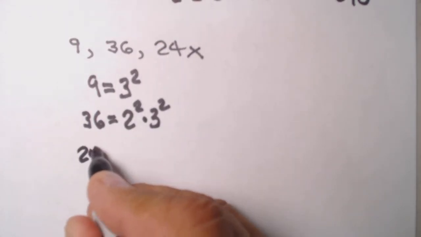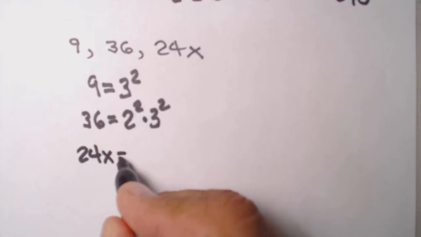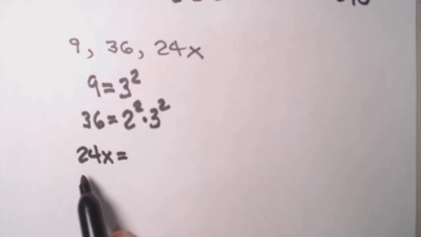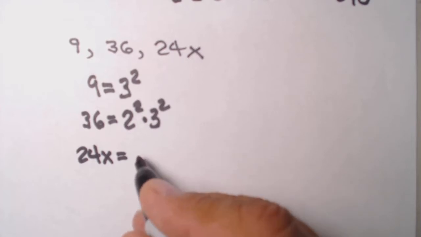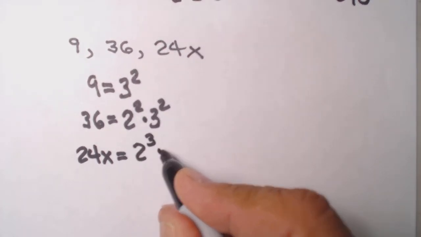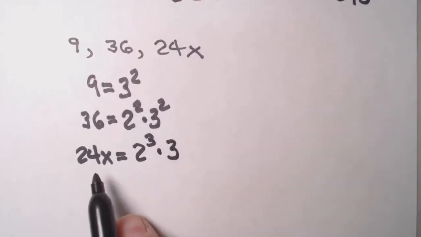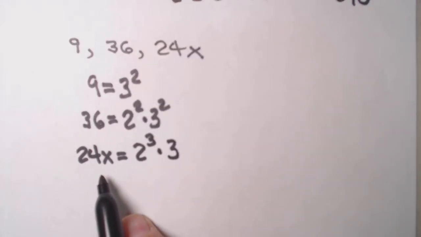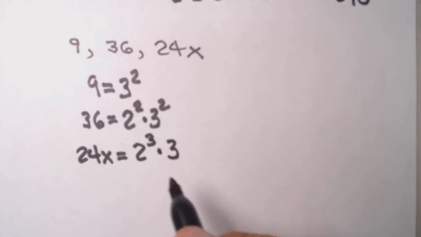Okay, then the 24x. Well, first the number. 24, we had it before, 8 times 3, and 8 is 2 cubed, times a single 3. Now, what do you do with the x? Well, treat it just like any of the other bases.